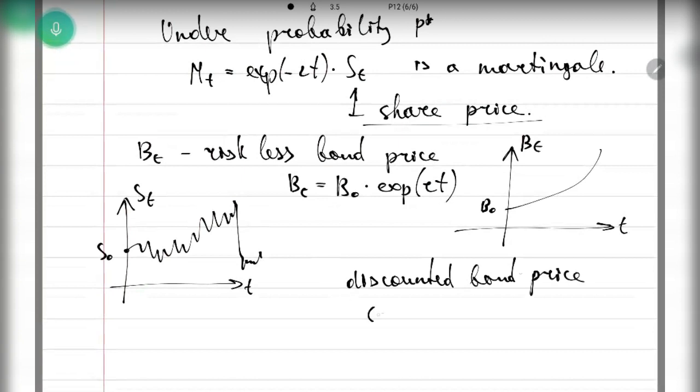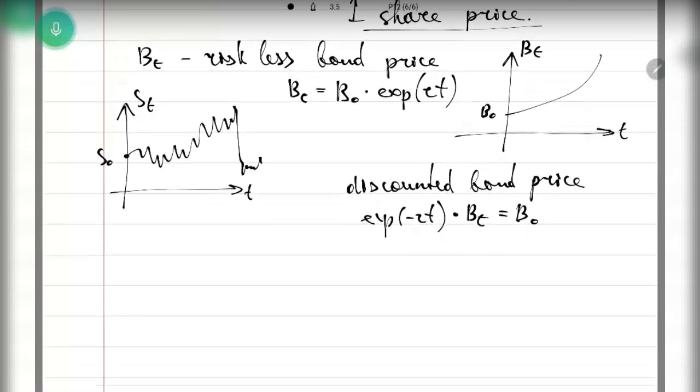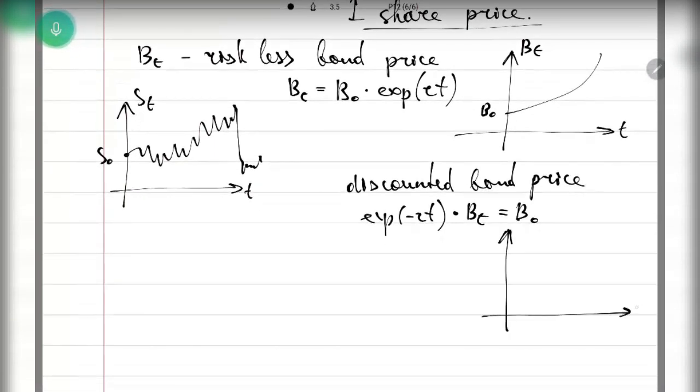I get exponent minus RT times BT. Obviously, I will get B0. The discounted bond price is constant.